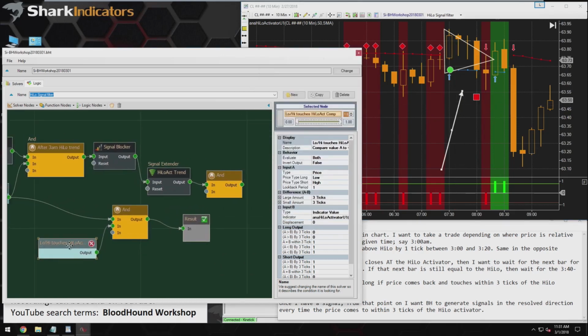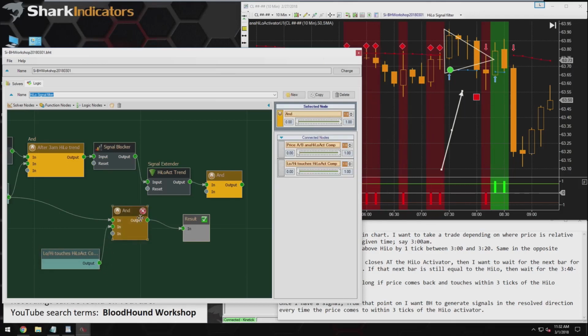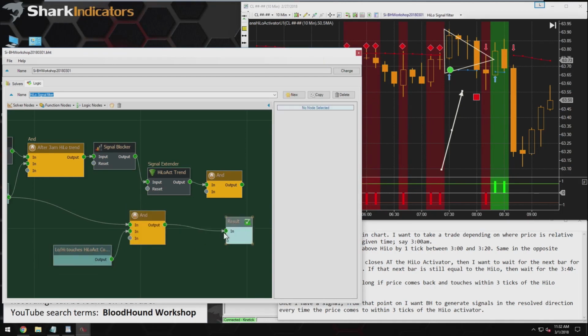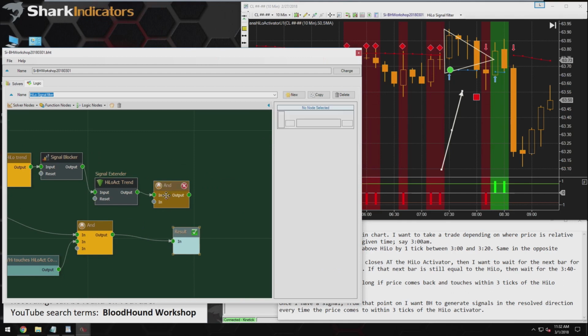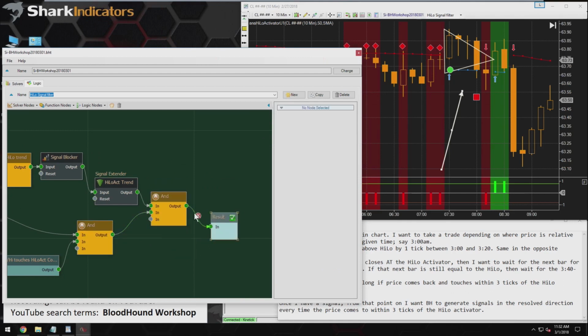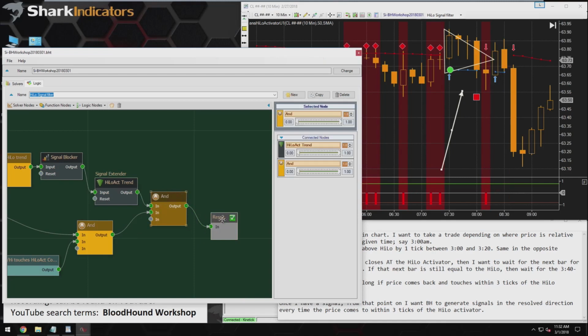So basically we have filtered this solver, which is detecting the bar touching the high-low indicator, and applied a filter to clean it up a little bit. And so we now want to take that into the AND node.